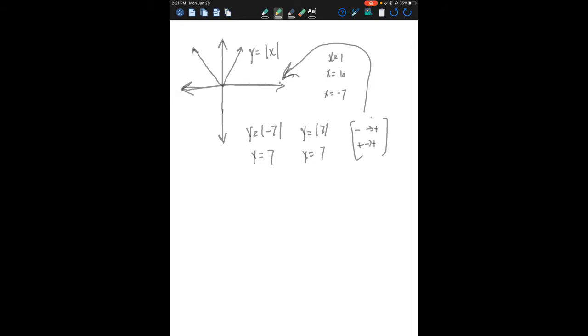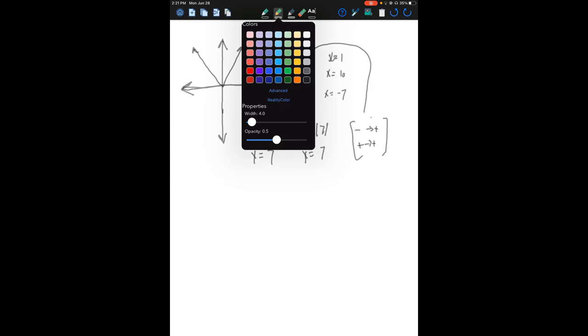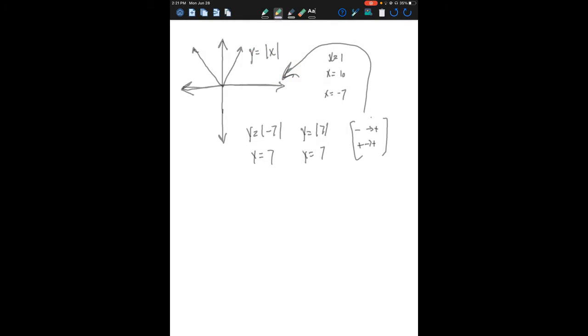So if you want to look at the points here, let's look at the coordinates. We have this point, this point, this point.